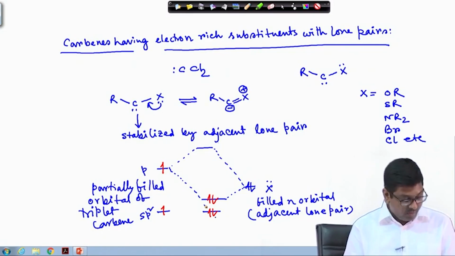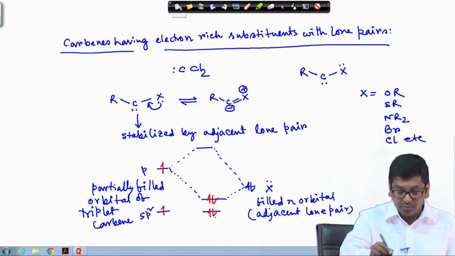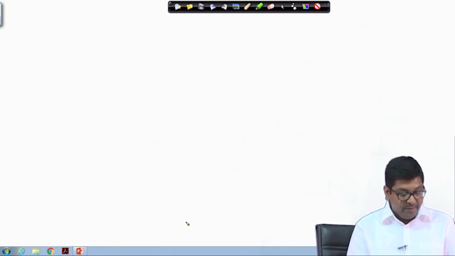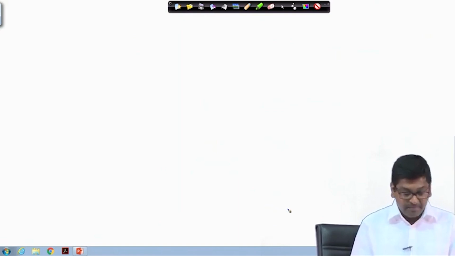So, now depending upon the adjacent substituents, how many types of carbenes can there be?